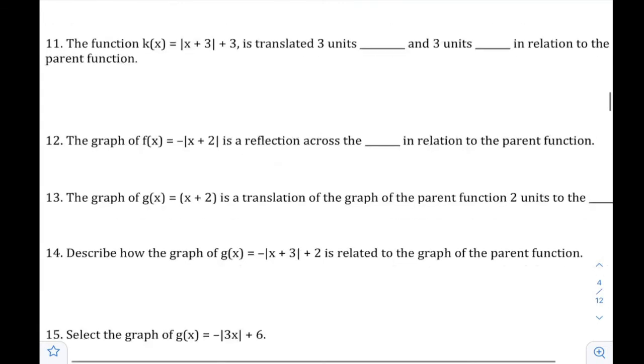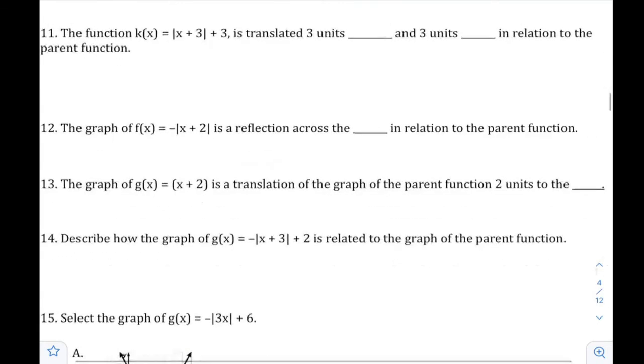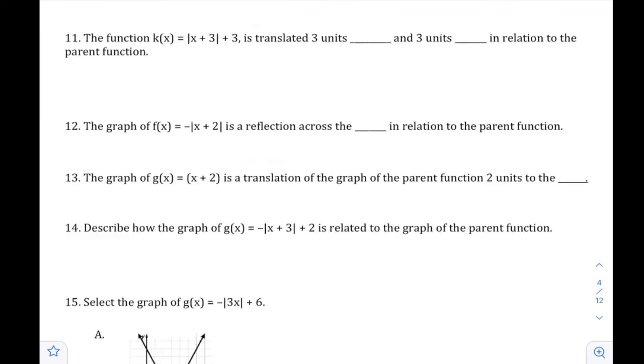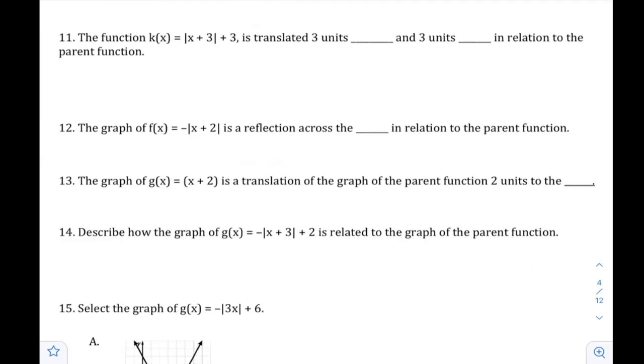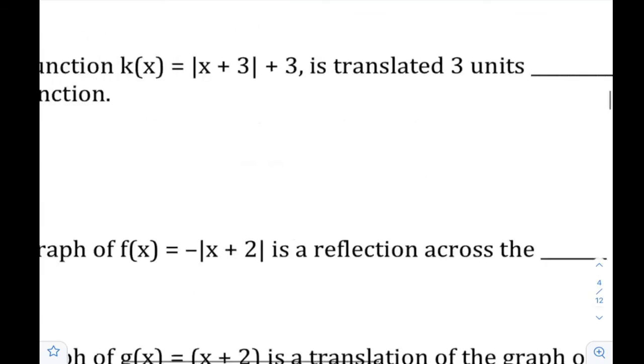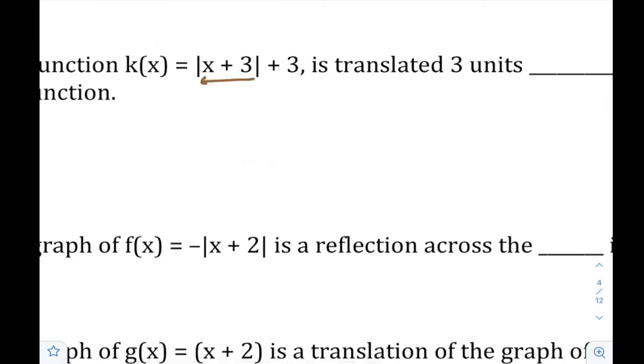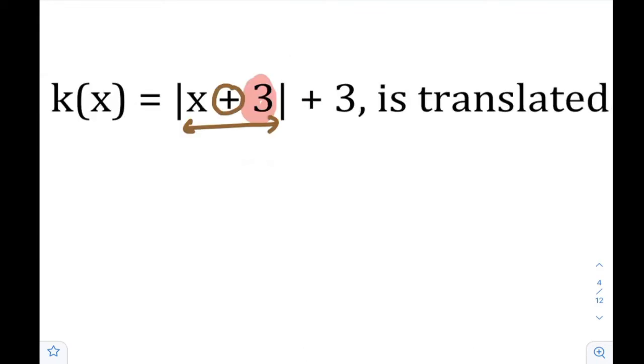The function k of x is equal to the absolute value of x plus 3, translated 3 units and 3 units. If you have the number inside the group, meaning inside the absolute value function sticks, then it will move either left or right. Since it's a plus here, it will move to the left.